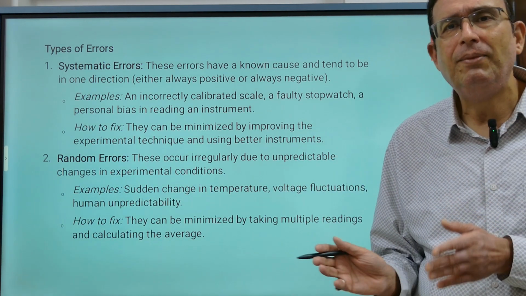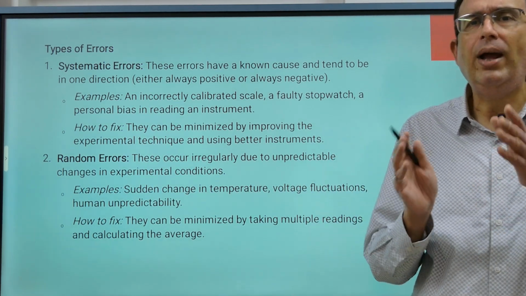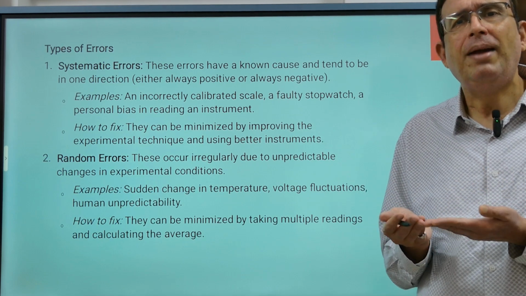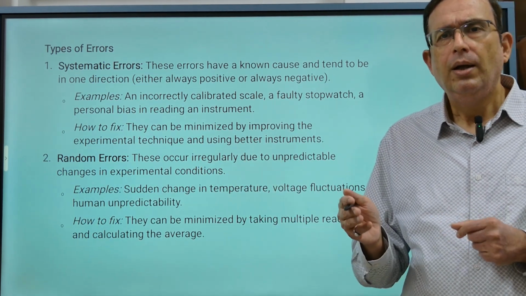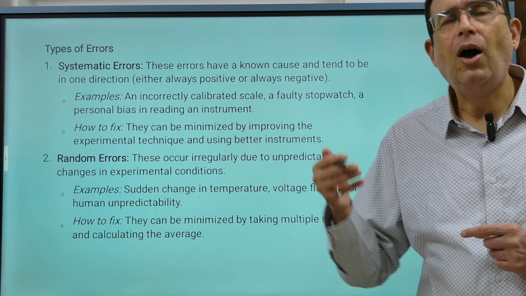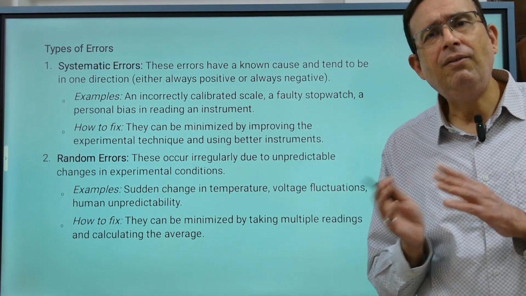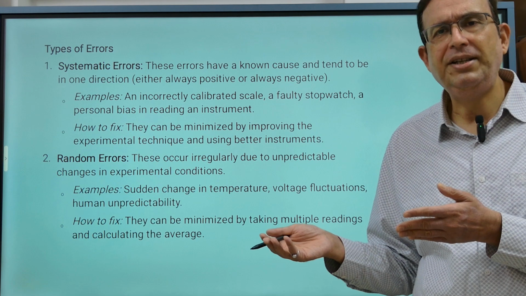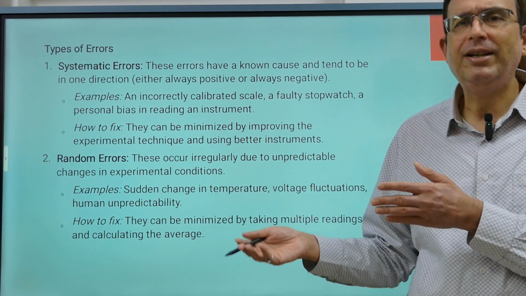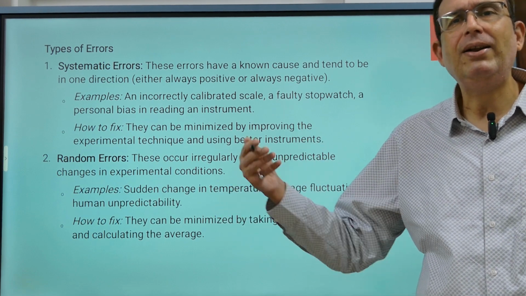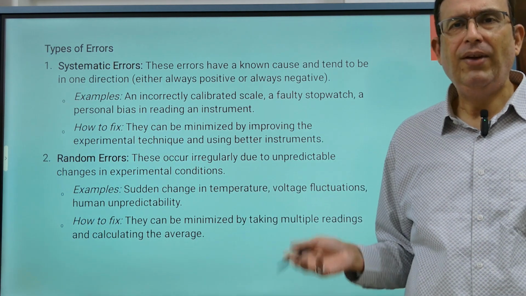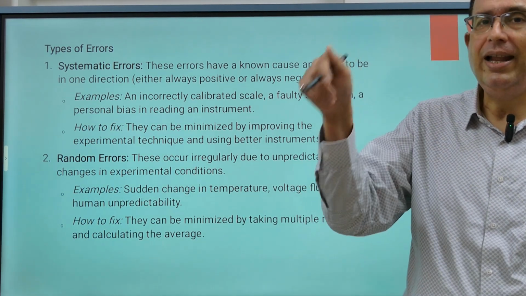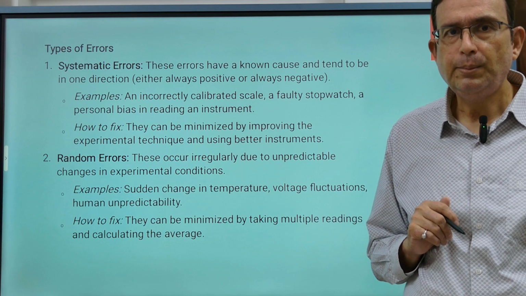So there is an error of 0.1 between the actual value and the thing that you're measuring. So that is a systematic error. However many measurements you make, that error will remain. That extra 0.1 centimeter would always be measured whenever you are doing any measurements of that length using that scale.